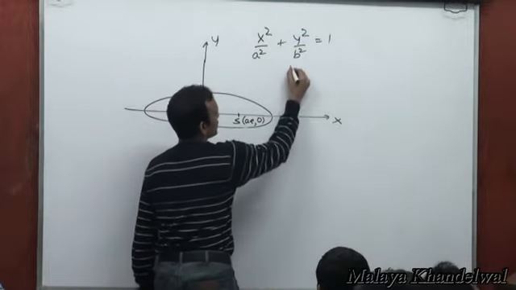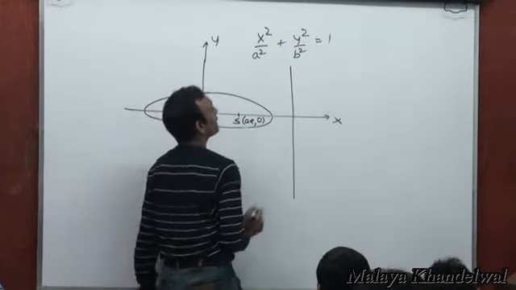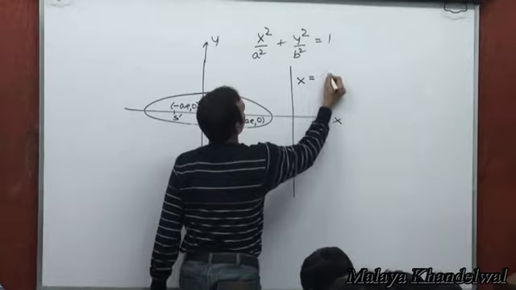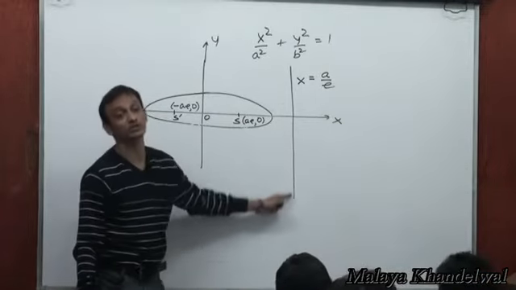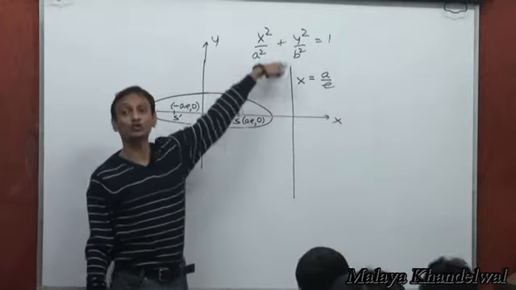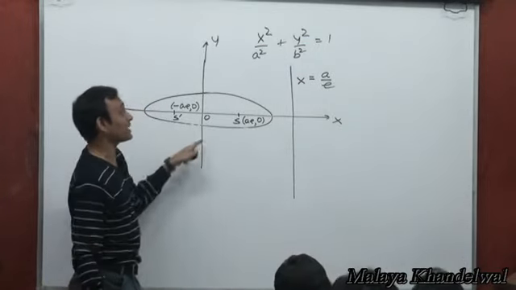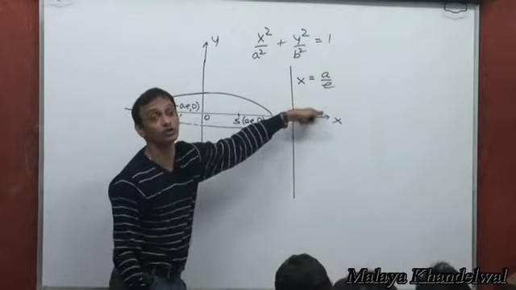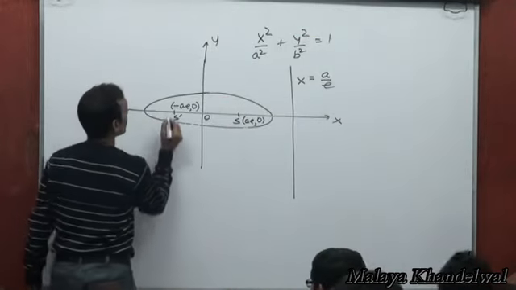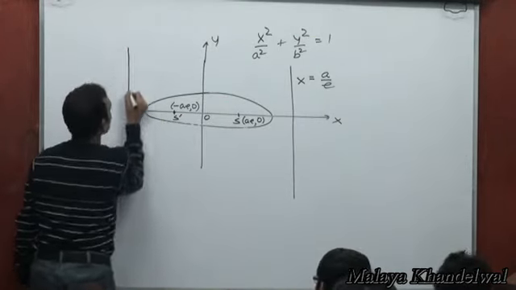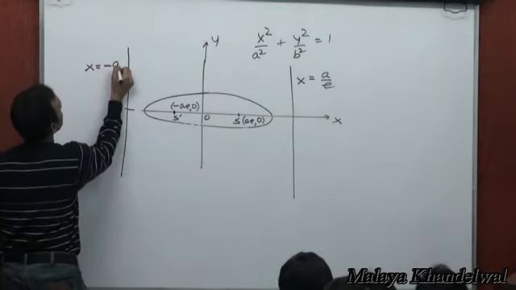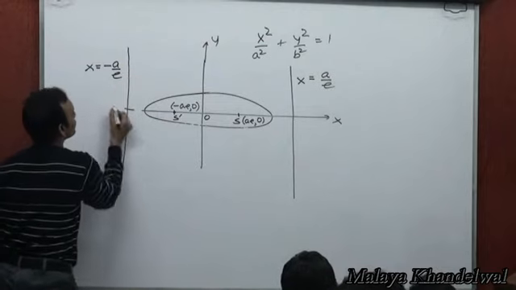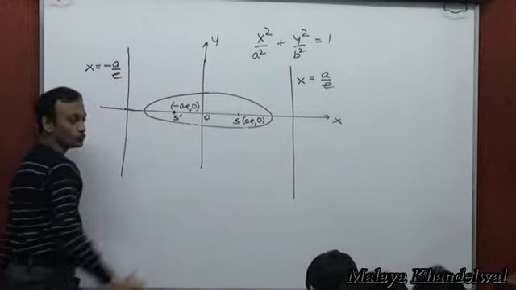Corresponding to this focus, there is a directrix L, and this directrix has an equation x equal to a by e. It will be parallel to the minor axis. This is the minor axis. For this focus, this would be the directrix, and its equation is going to be x equal to minus a by e.